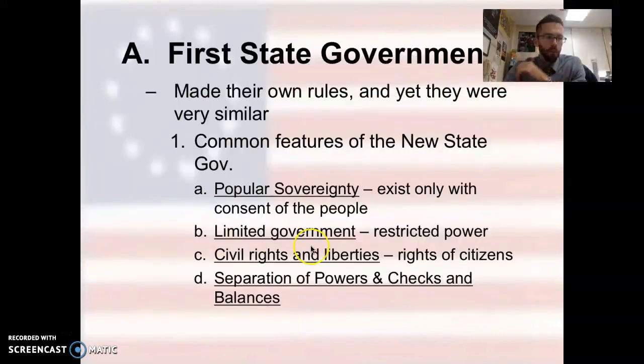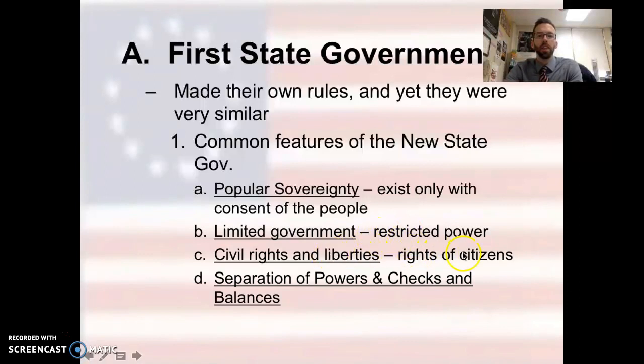Okay, the first state governments basically all had their own rules, very similar to each other, but not connected in any way. You look at some of these common features with these state governments. The government gets their power from the people, popular sovereignty. They're limited government. They're not all powerful. They're not dictatorships or monarchy.